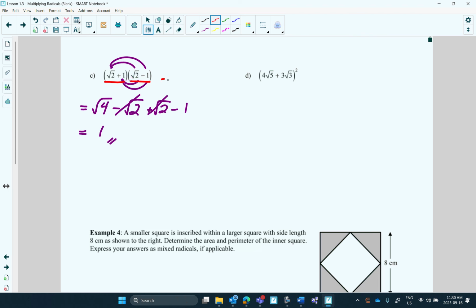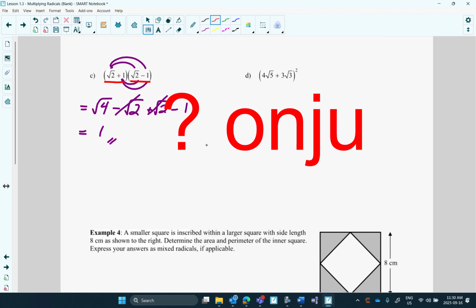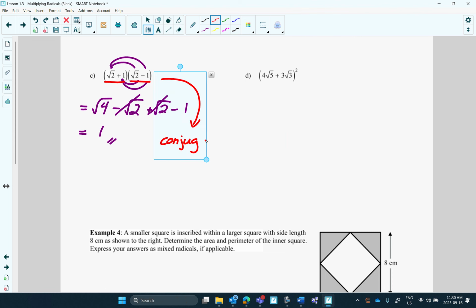We call these conjugates of each other. So if you take any binomial, its conjugate will always be the same two terms, but the opposite sign.